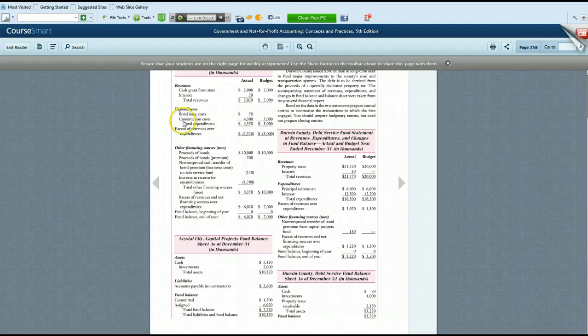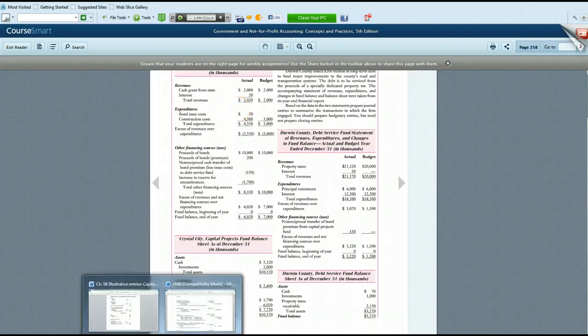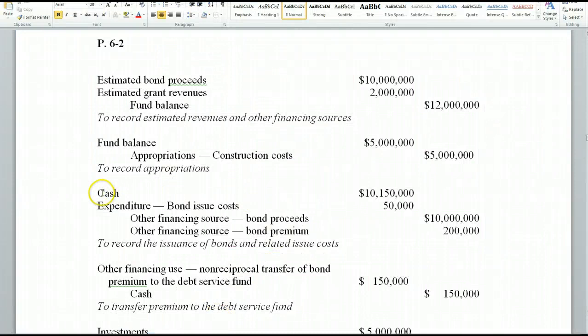Up here in the expenditures, bond issue costs of $50,000. So what we would want to do here is show our debit to cash of $10,150,000. We show an expenditure for those bond issue costs of $50,000.